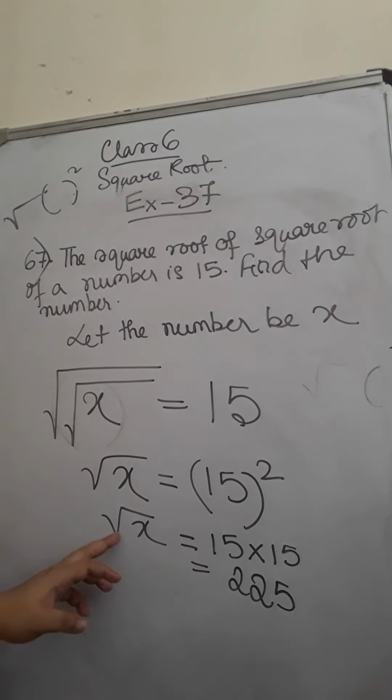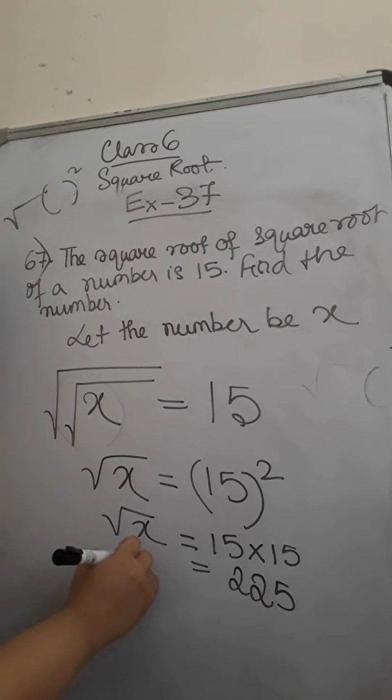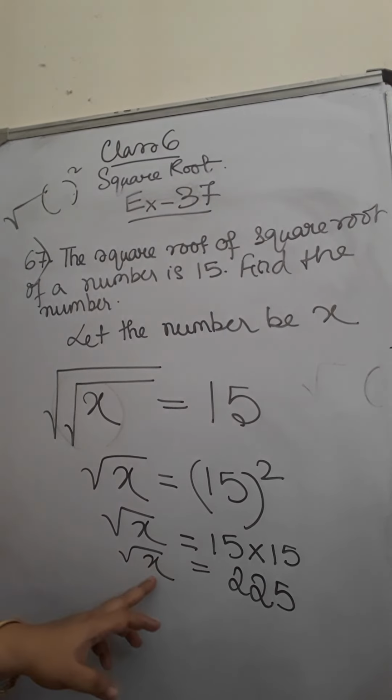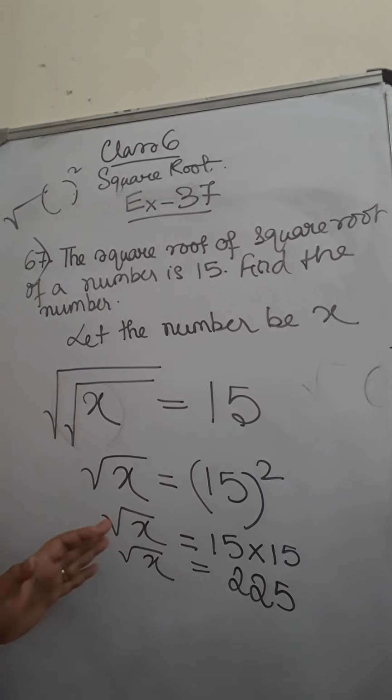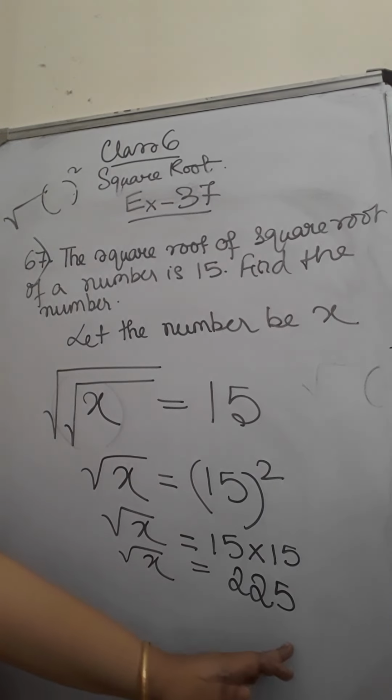Now there is one more square root and I need to find x, the unknown number. So I have to remove this square root also. When I remove this square root also, it becomes square.